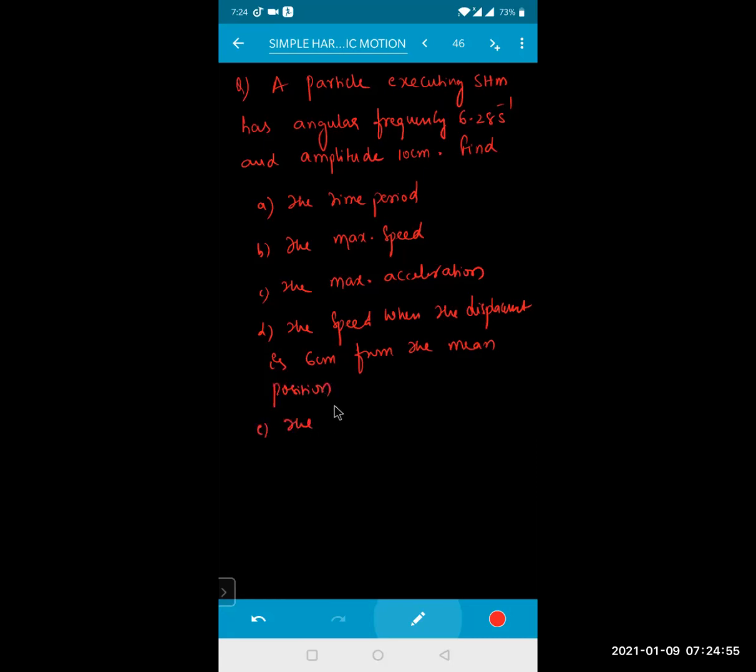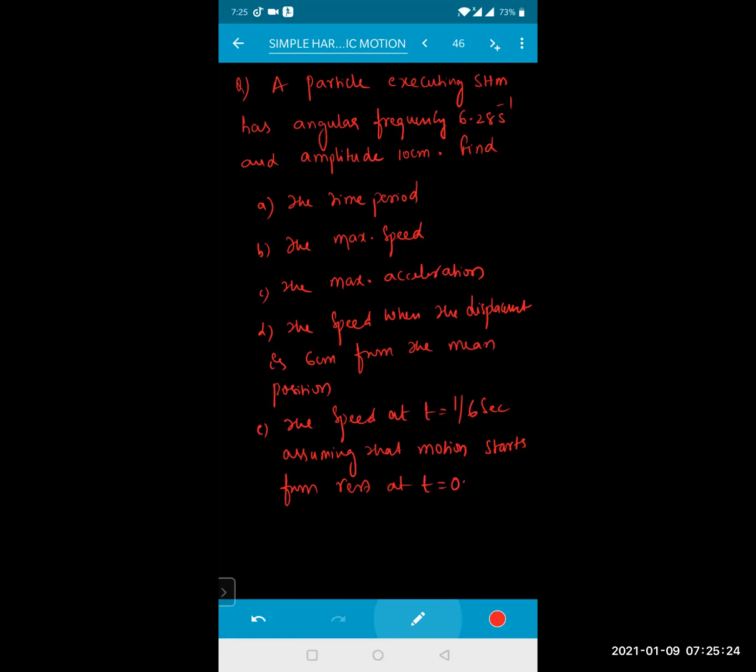And the speed at t equal to 1 by 6 seconds, assuming that the motion starts from rest at t equal to 0. Okay, so this is the given question for me.